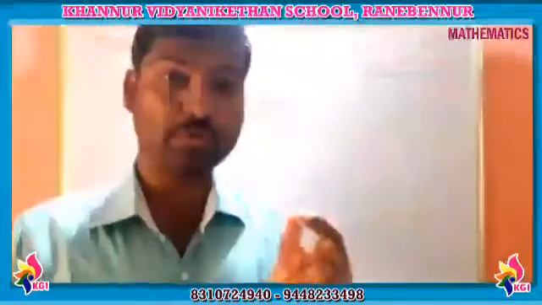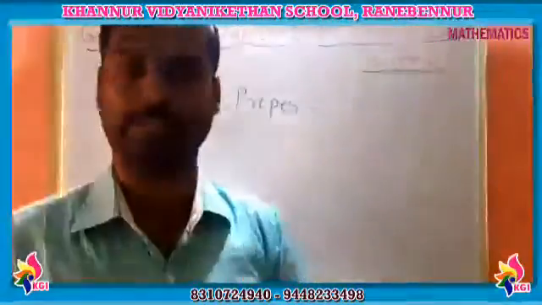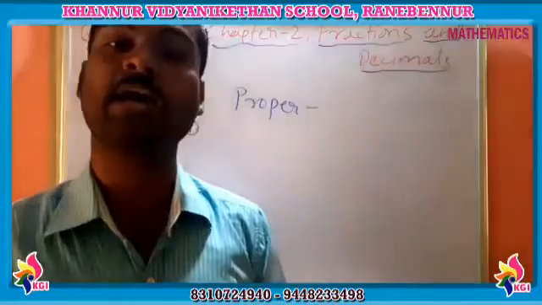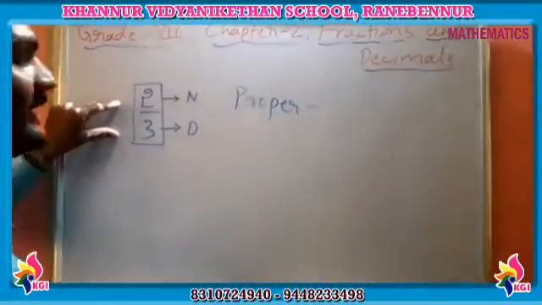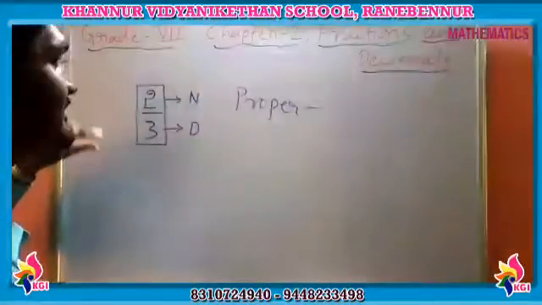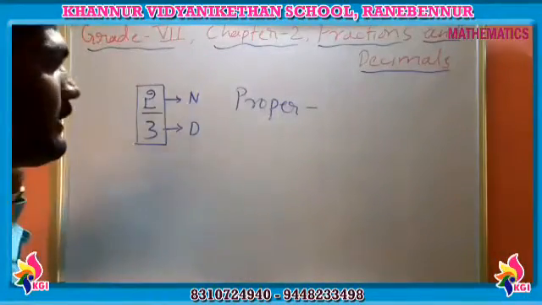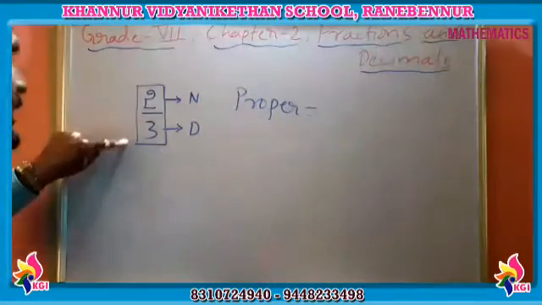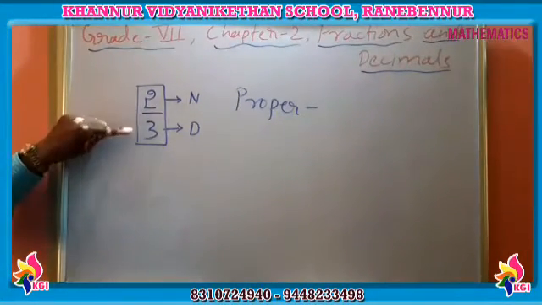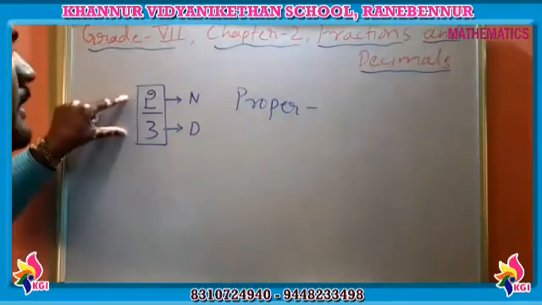Here the numerator is smaller than the denominator. For example, we take this one: 2 by 3. Is it a proper fraction or an improper fraction? Proper fraction means the numerator should be smaller than the denominator. This 2 is smaller than the 3, so this is a proper fraction.